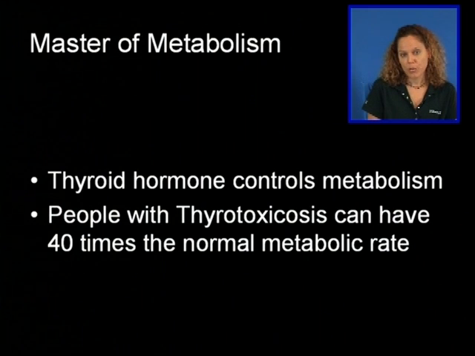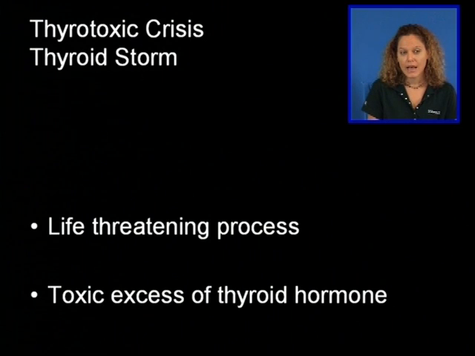So thyroid hormone controls metabolism, and the thyroid gland is the master of metabolism. So people with thyrotoxicosis can have 40 times the normal metabolic rate. Thyrotoxic crisis or thyroid storm is a life-threatening process when there is a toxic excess of thyroid hormone.